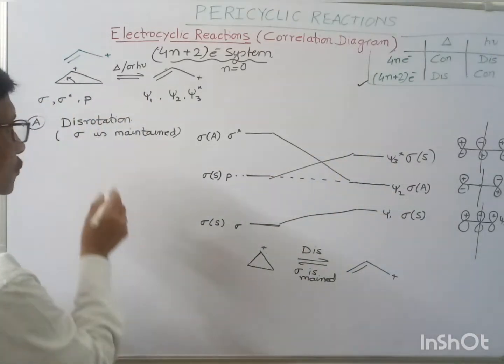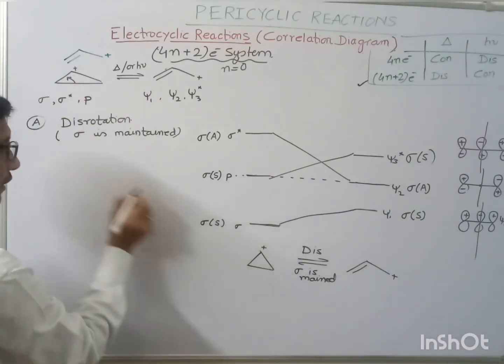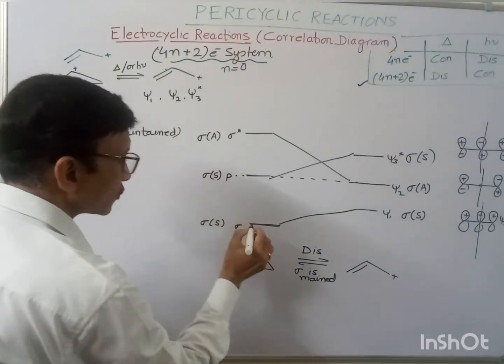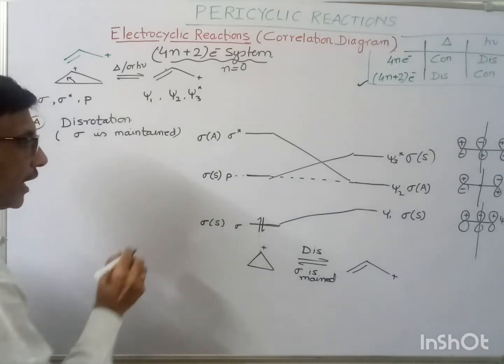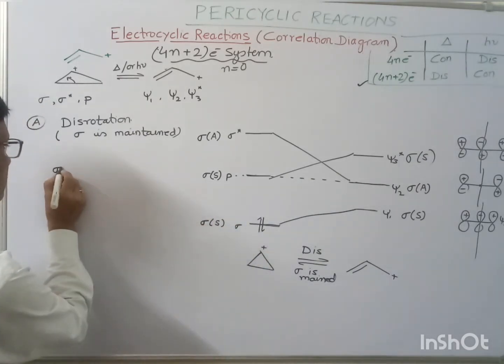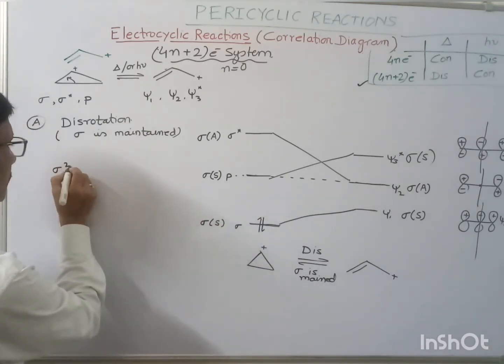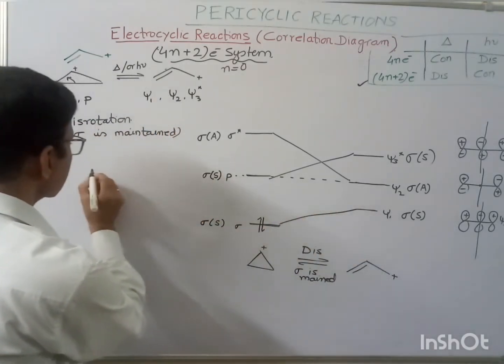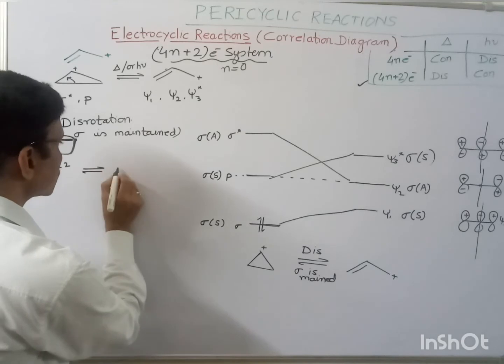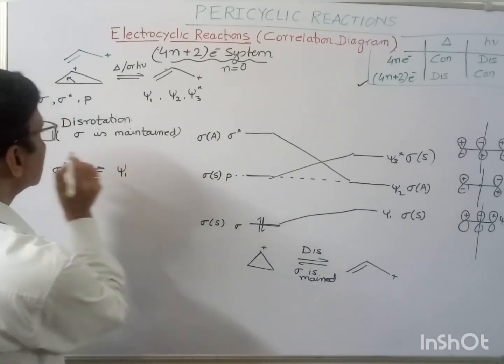Here it is a 2 electron system, so I should fill 2 electrons. In sigma we have 2 electrons, and these 2 electrons are going into psi1 under thermal condition.